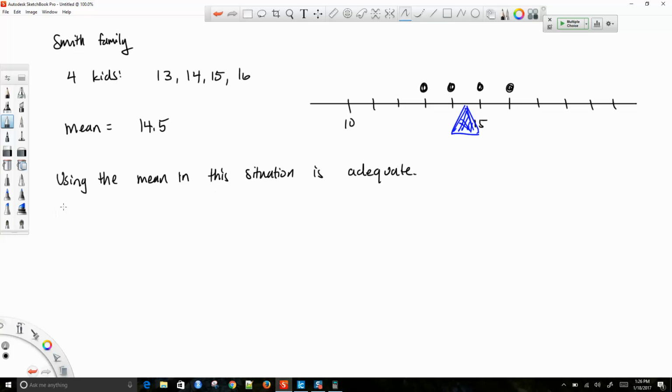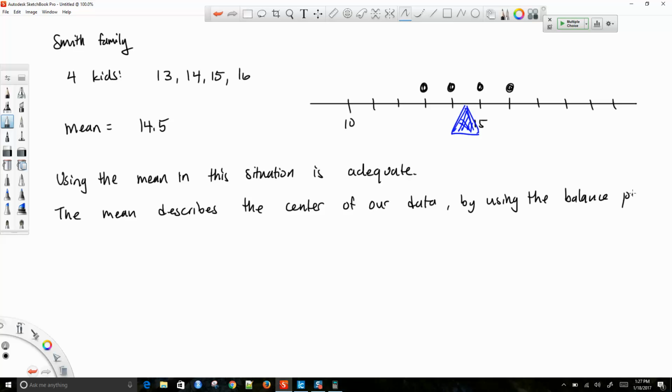Okay, so the mean describes the center of our data by using the balancing point. And comparing the Smith family and the Johnson family, we can see that the mean was affected by the extremely low value.